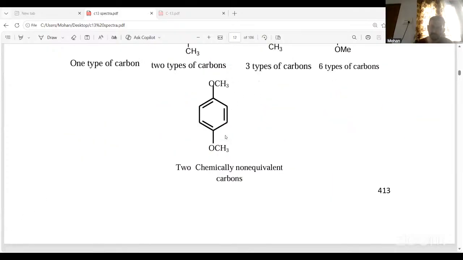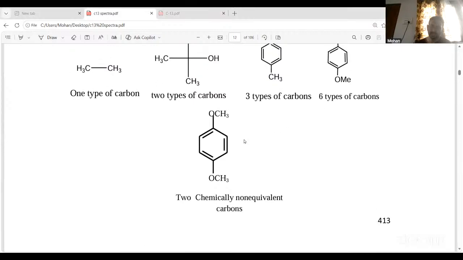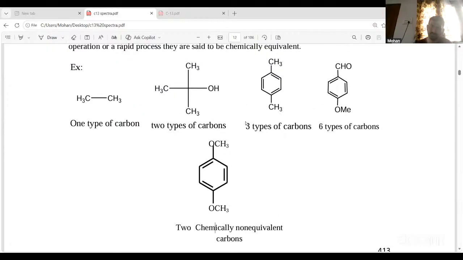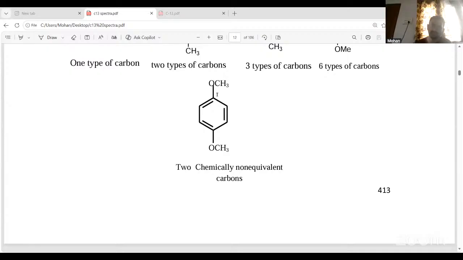And this dimethoxybenzene. So here also, like the dimethyl benzene, you get the chemically non-equivalent carbons. Here it is three actually, not two.